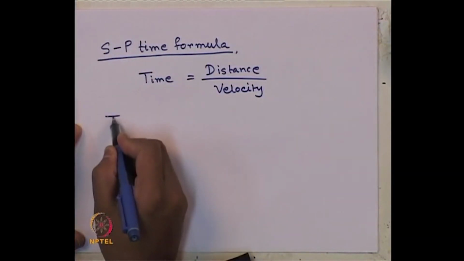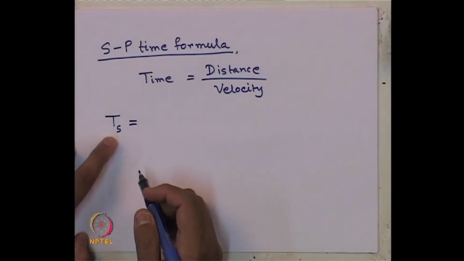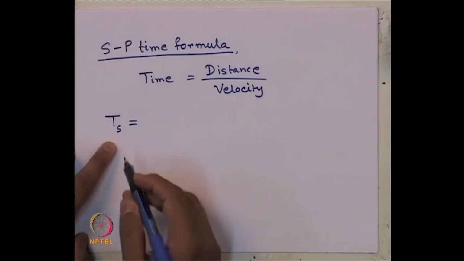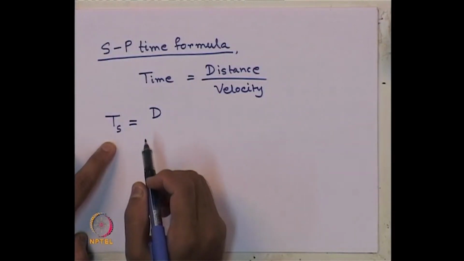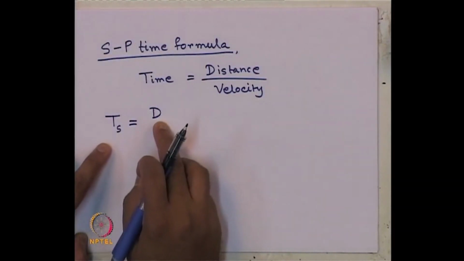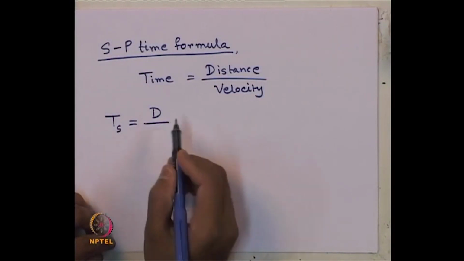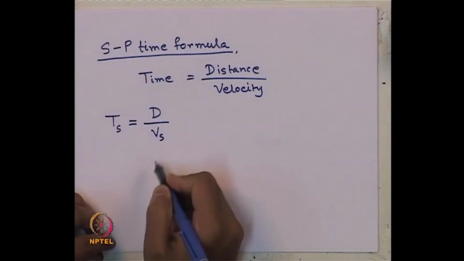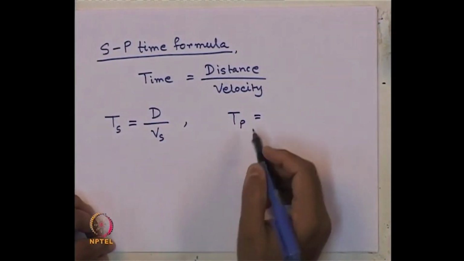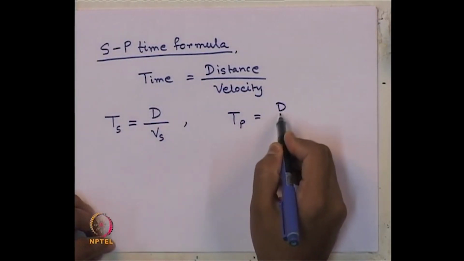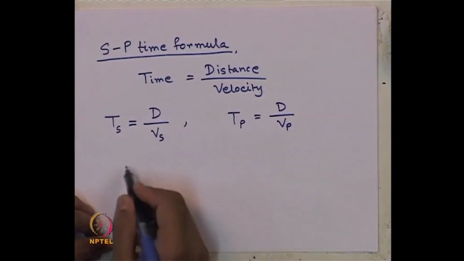The time for the shear wave or S wave recorded is the distance it has travelled from the earthquake epicenter to the recording station, d, divided by Vs. The time for the P wave or primary wave is the same distance travelled, but at Vp.